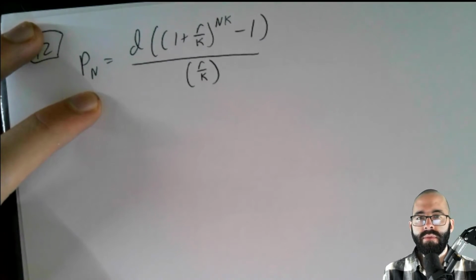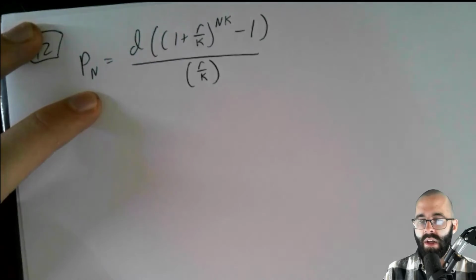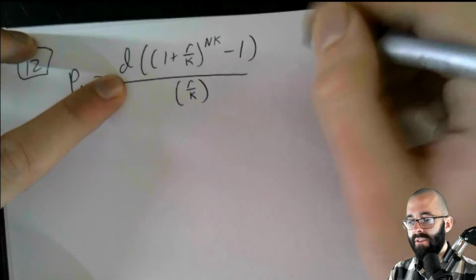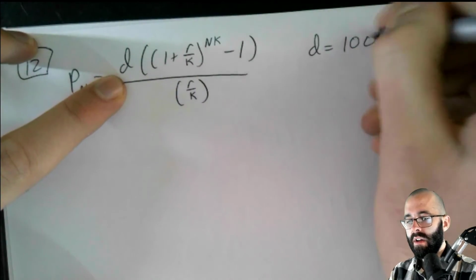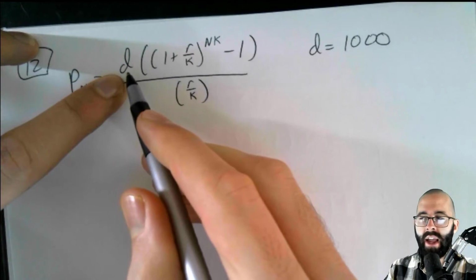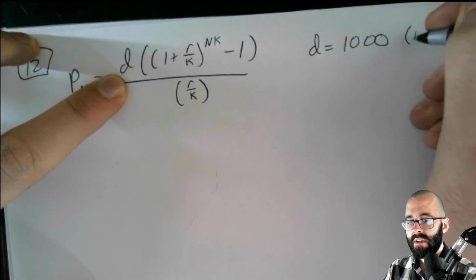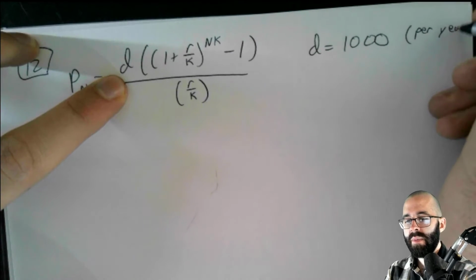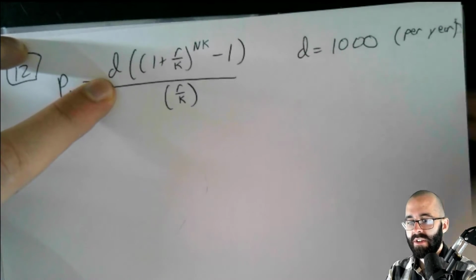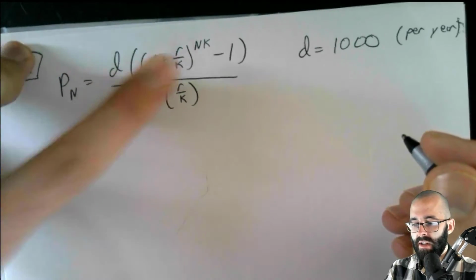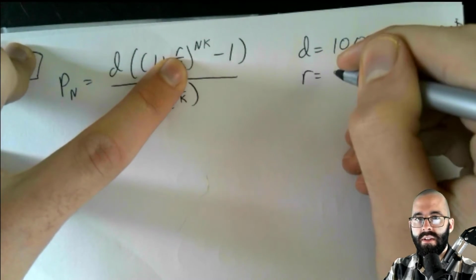What's the information? We're depositing $1,000 every year. D is our monthly or annual payments. It's $1,000. And if you want to make a little note to yourself that yes, it's every year, you can. R is our interest rate.